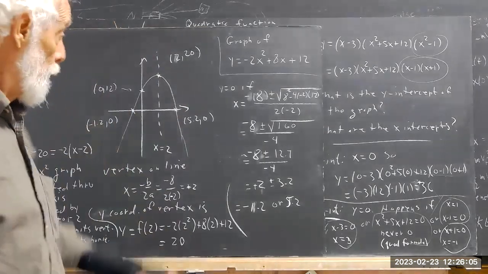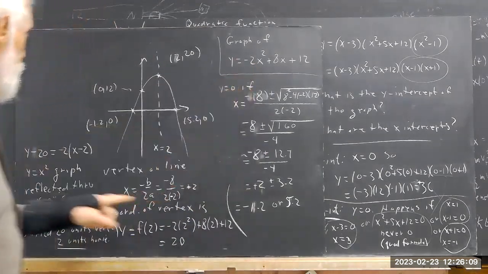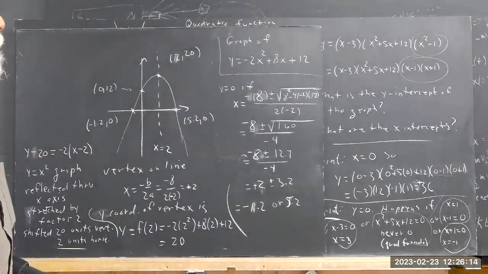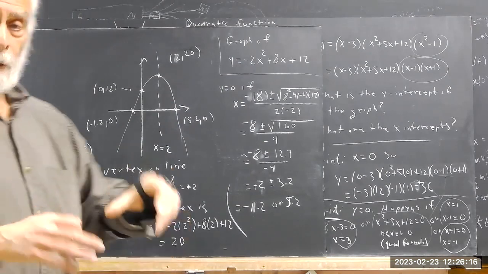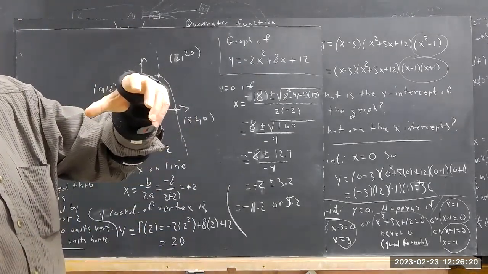So you start with the x-squared graph. You flip it upside down because you got a negative sign. And the -2 just goes here. It's where this -2 comes from. Flip it upside down, stretch it out, so everything's twice as far from the x-axis.